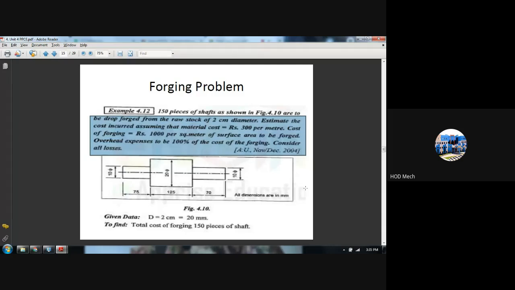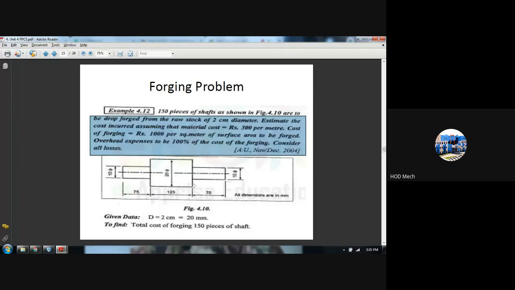Whatever is spent on forging is the overhead expense. And generally they say to consider all loss. Now it is a repeated question. This question was asked in 2004, right? If you look at the question and its answer, that's how simple it is. But the importance is how you understand it.